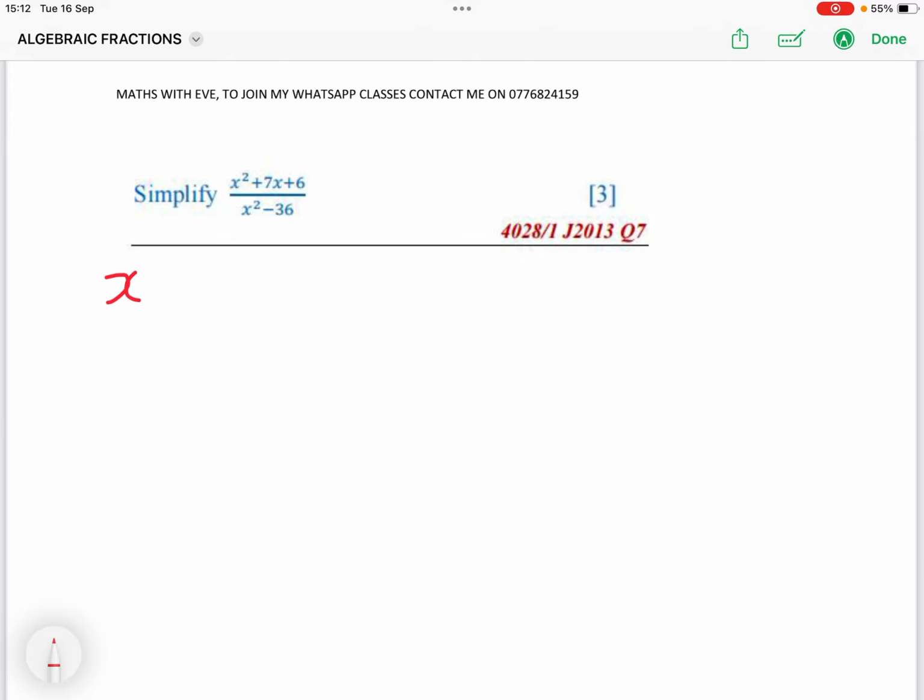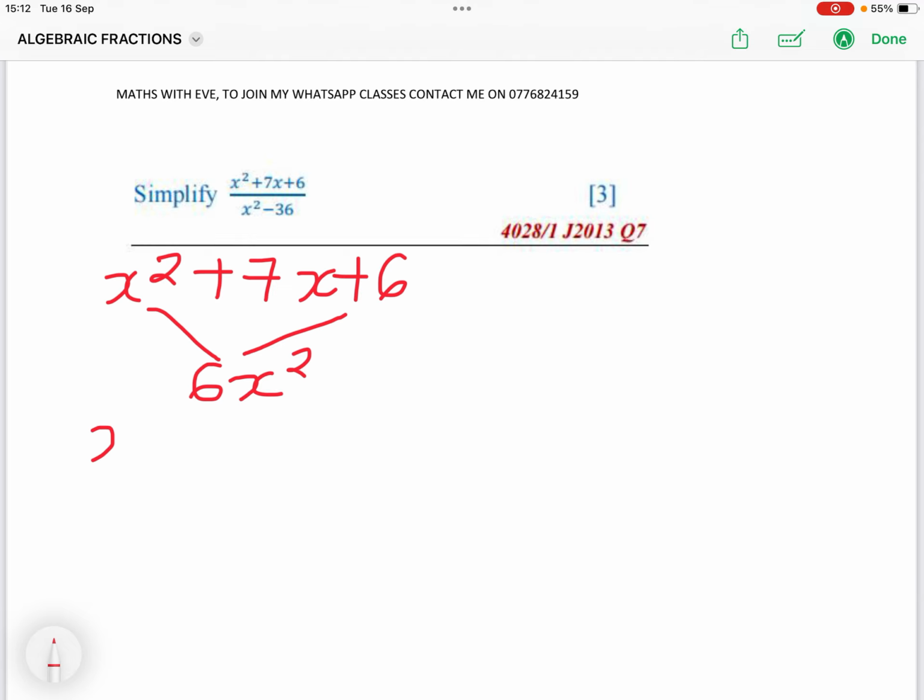We have x squared plus 7x plus 6. So we multiply 6 and x squared in order to get 6x squared. And then we look for the factors of 6x squared, which when we add, we get 7x. We are going to use 6x and 1x. So we write x squared plus 6x plus 1x plus 6.